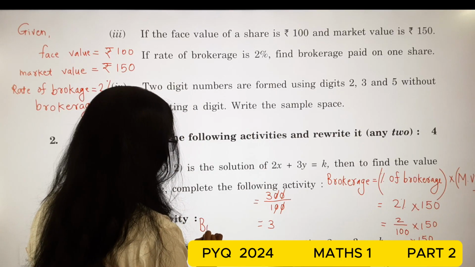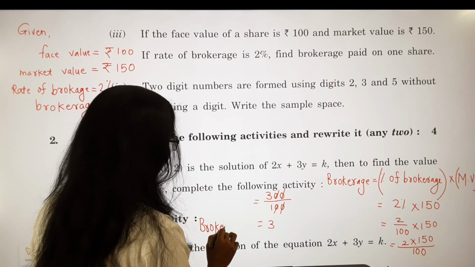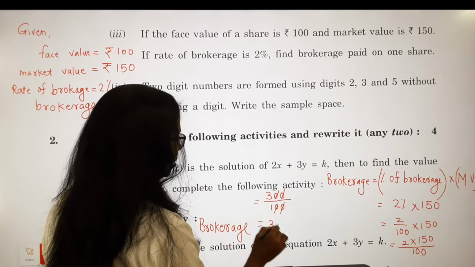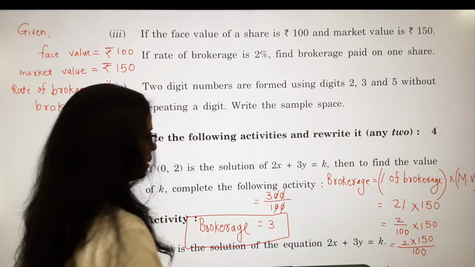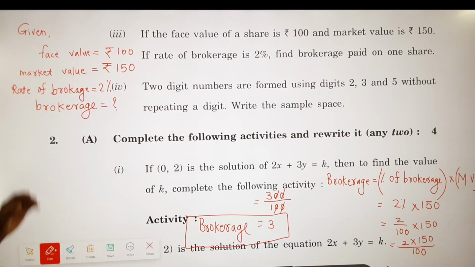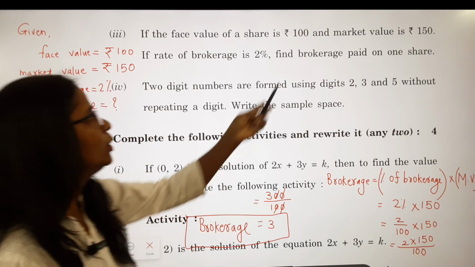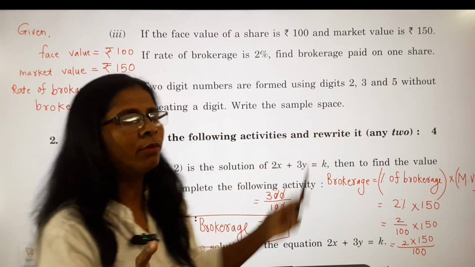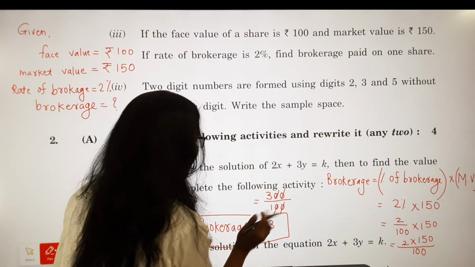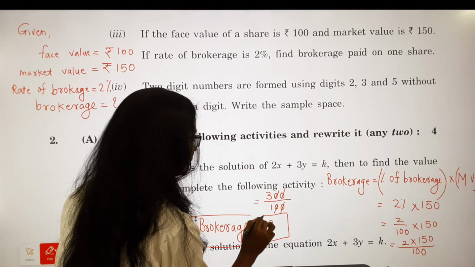That means the brokerage paid on one share is equal to rupees 3. Here you can write the unit, rupees 3.